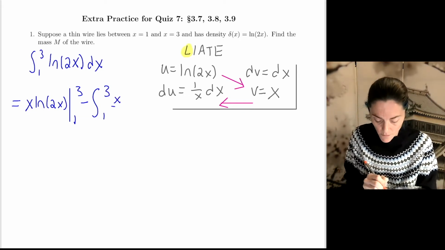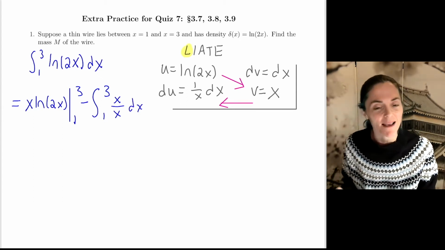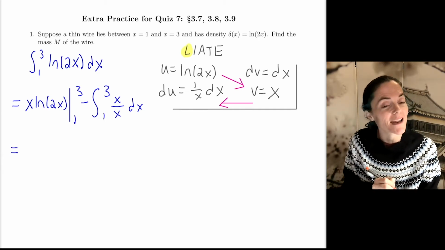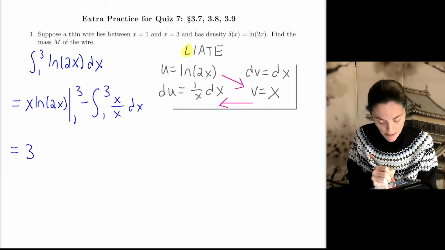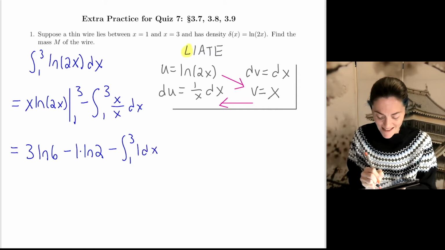This would be x over x dx. Okay, which I can simplify. Maybe I will. This first term, though, I can go ahead and evaluate. This is 3 ln 6 minus 1 ln 2. And then we subtract off the integral from 1 to 3 of just 1 dx.